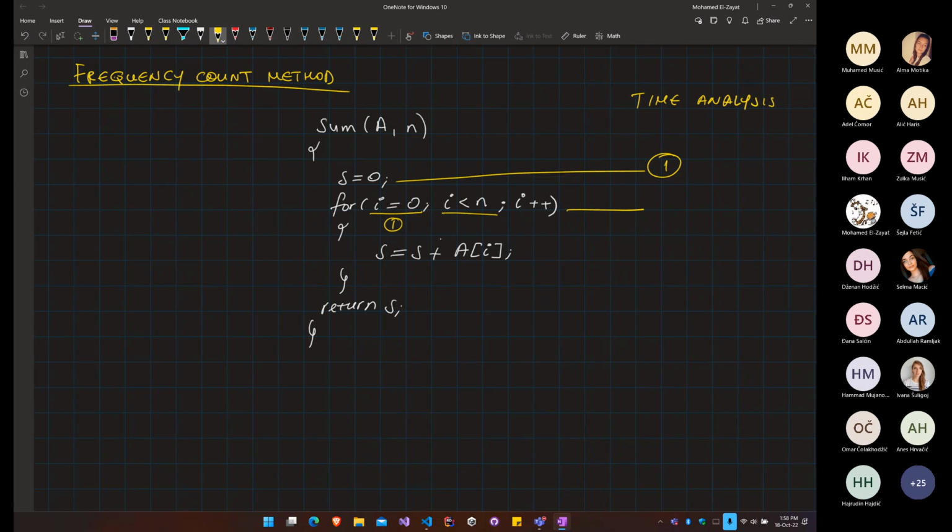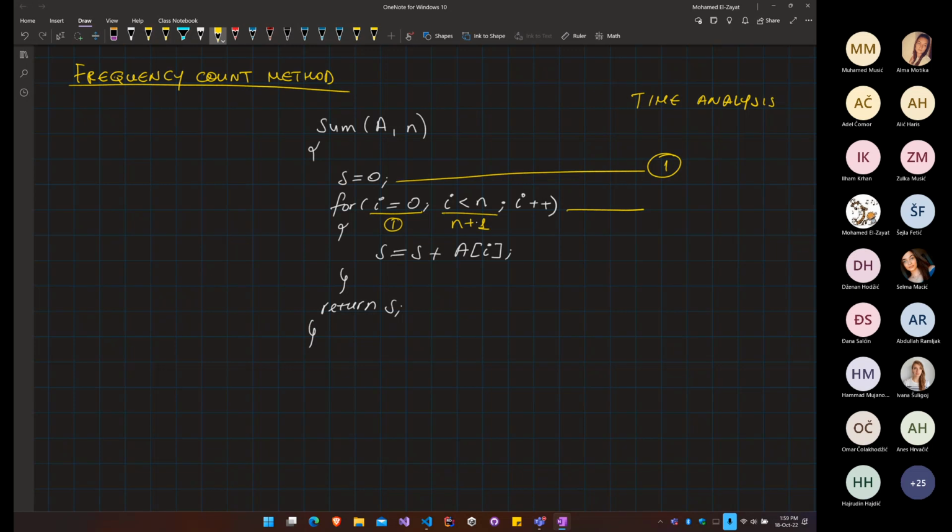Because this check is happening every time you loop, isn't it? So it's n times? Yeah, but it's still not n times, it's even more. It's actually n plus 1, because this check has to fail in order for you to exit. Otherwise, if it doesn't fail, you will not exit. So if i is 10 and n is 10, it will fail because 10 is not less than 10.